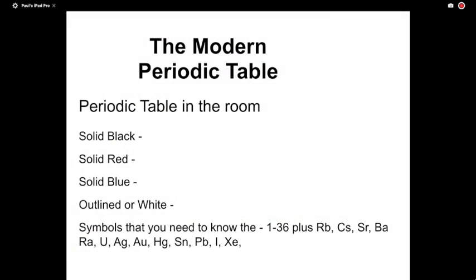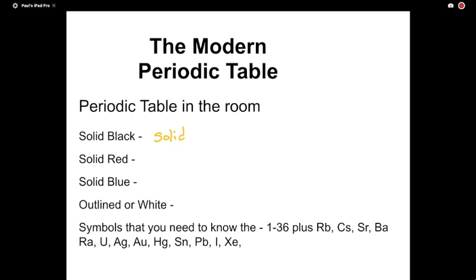If we look at the periodic table on the wall, there's some more information that you can find. One, if an element is solid black, okay, then at room temperature, normal temperatures and normal pressures, the element is a solid. Okay. If it is a red element, do you know what it is?